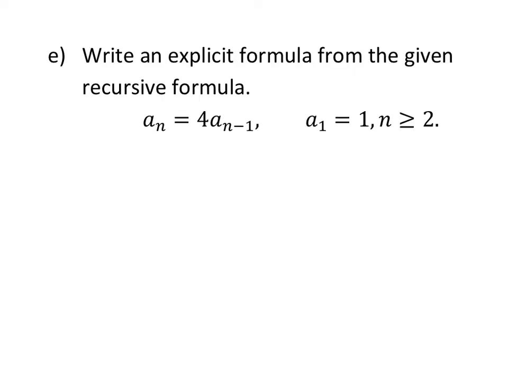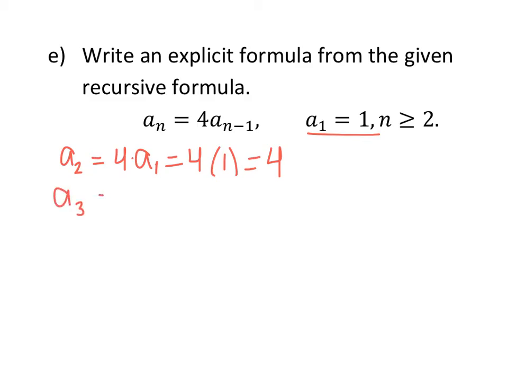Letter E. Write an explicit formula from the given recursive formula. So we're given the recursive, we need to write an explicit. In order to do that, I need to know at least 3 terms. I have my first term. So to find my second term, it's 4 times my first term, which is 4 times 1, or 4.